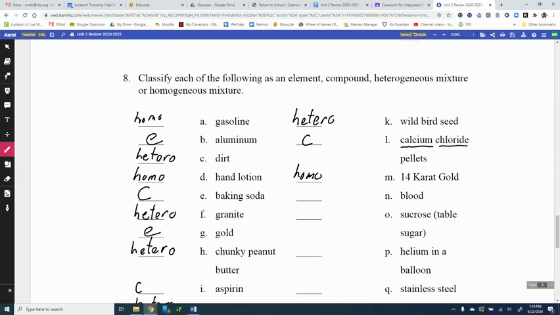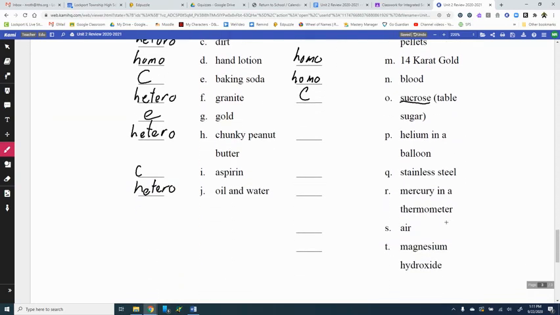Blood is a mixture, and you cannot see the different parts of it, so that is also a homogeneous mixture. Sucrose, so that is a scientific name for something, so that is going to be a compound. Helium in a balloon, that is an element because that is on the periodic table.